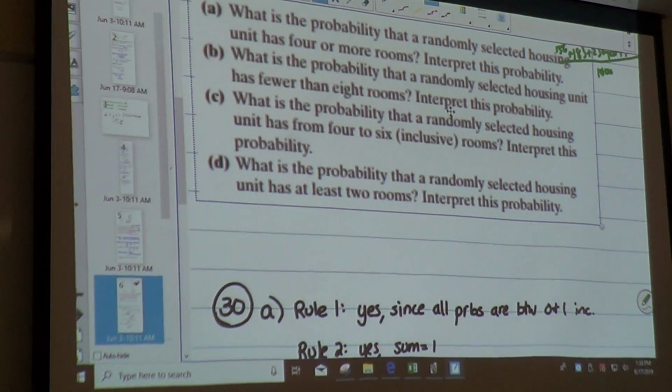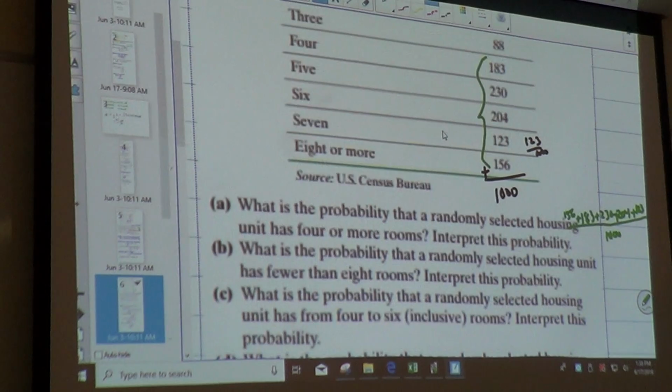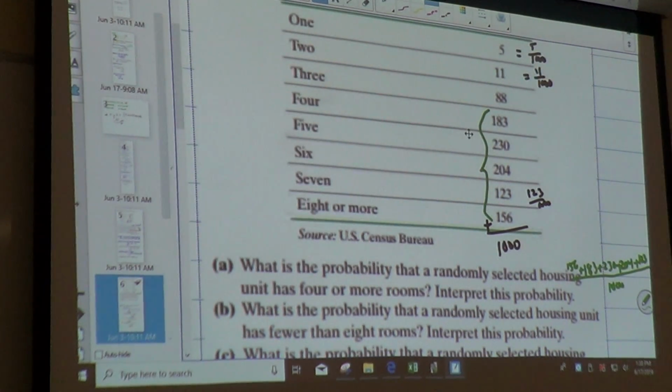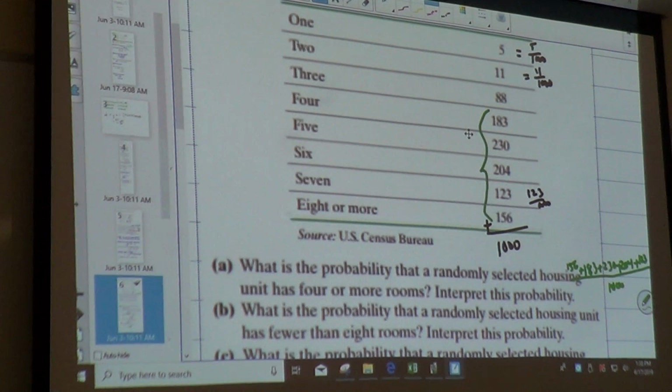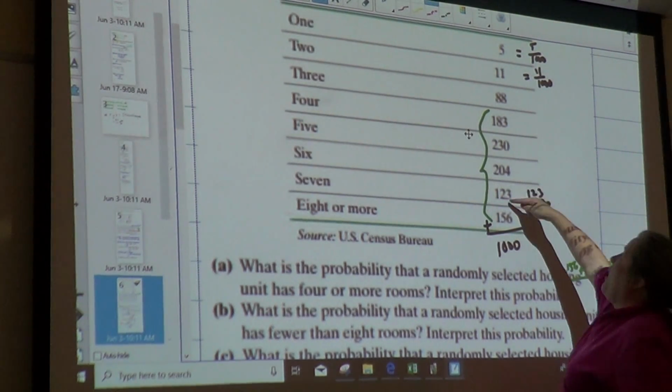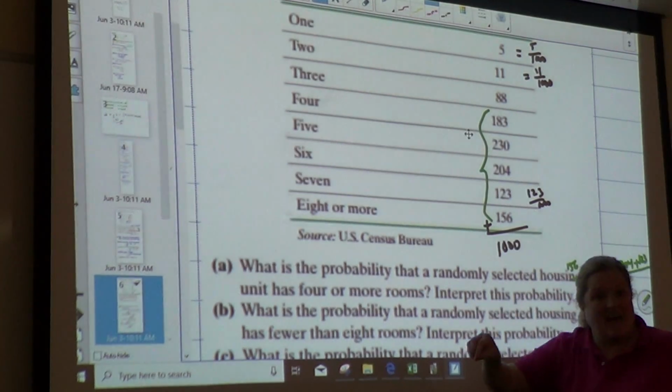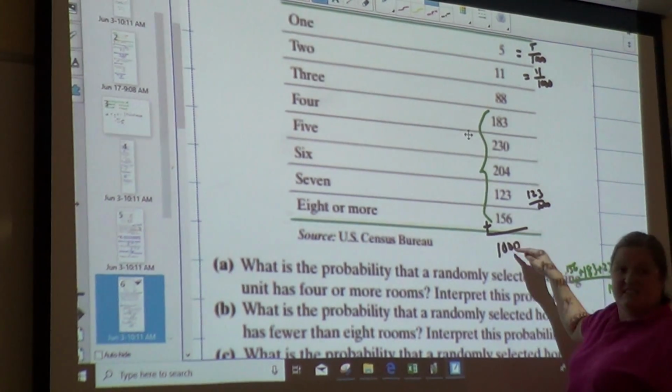What is the probability that a randomly selected housing unit has fewer than 8 rooms? Fewer than 8 rooms. What would I do there? Easiest way to do it is a complement. Instead of adding up all of these, I would do 1 minus 156 over 1,000.